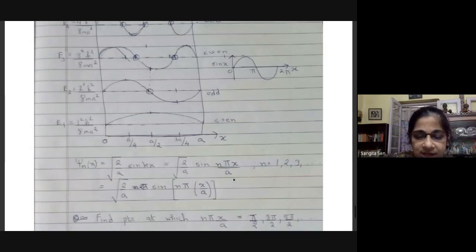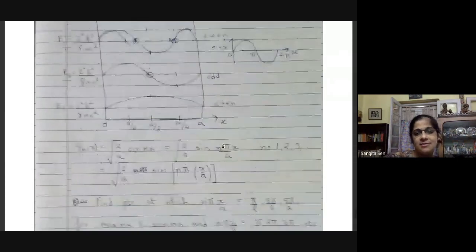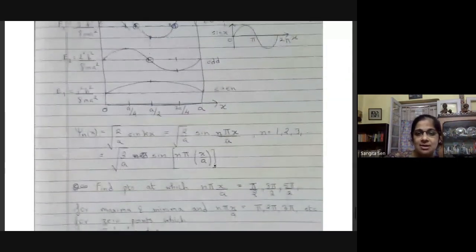So you look at the form of this function, n pi x by A. For various values of x, and you know n, let's say for n equal to 1, you can find the value of psi x and you can plot it. What is the easiest way of plotting this? You find the points where n pi x by A are odd multiples of pi by 2.